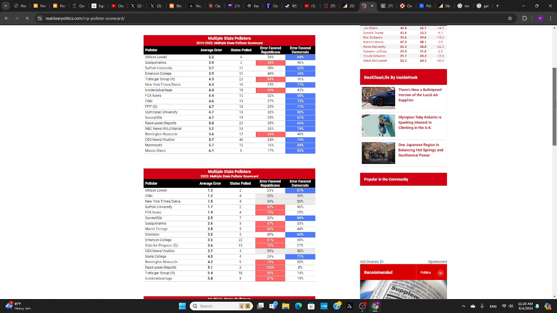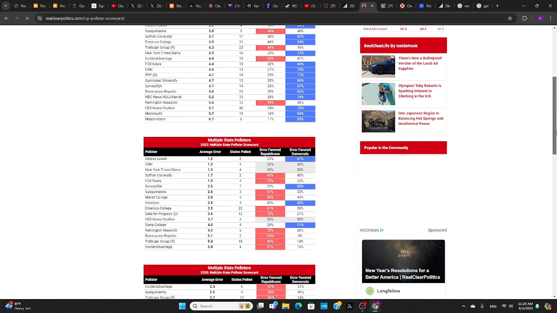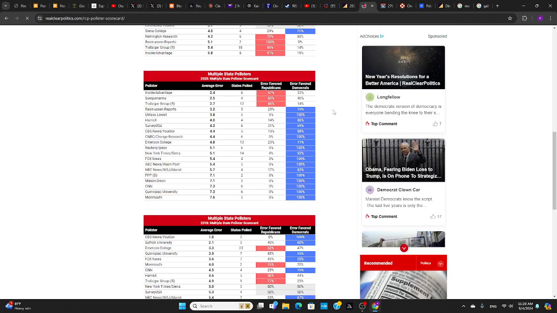And what this does is it will show the results of the pollsters. And the main one that you want to look at is the 2020 presidential election. So it'll be 2020. That's the one you want to look at, first one. And then the second one you want to look at would be 2016 presidential election.